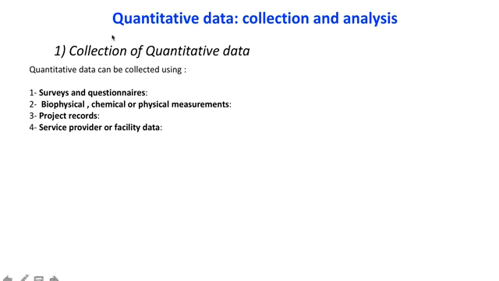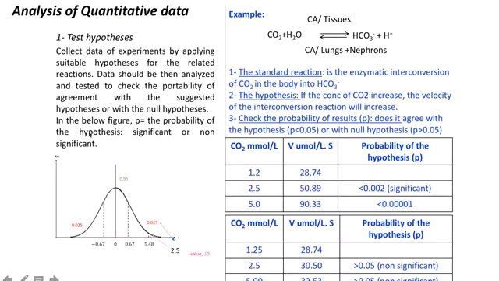If your research was quantitative, then you need to collect your data by one of these methods and then analyze your data, either by testing your hypothesis. This should be done statistically by one of the software like SPSS or Prism software.